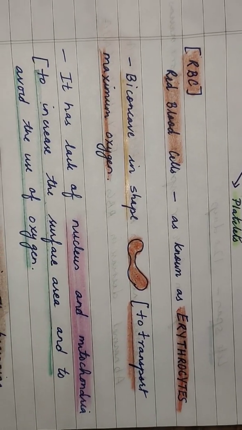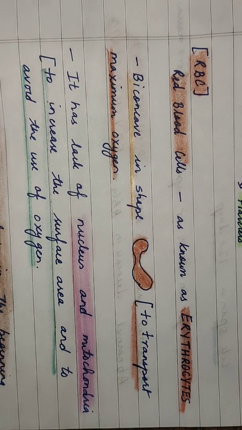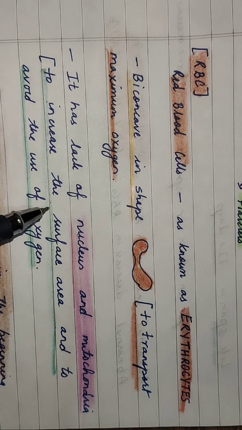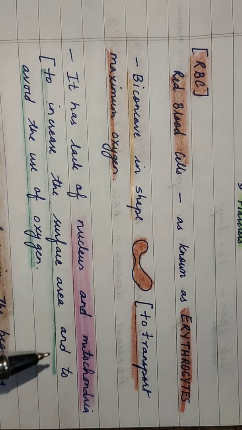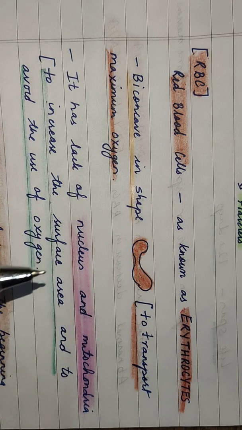It has a lack of nucleus and mitochondria, to increase the surface area and to avoid the use of oxygen. The main function of RBC is to transport oxygen to different parts of our body. So the lack of nucleus and mitochondria is a very important property of RBCs.